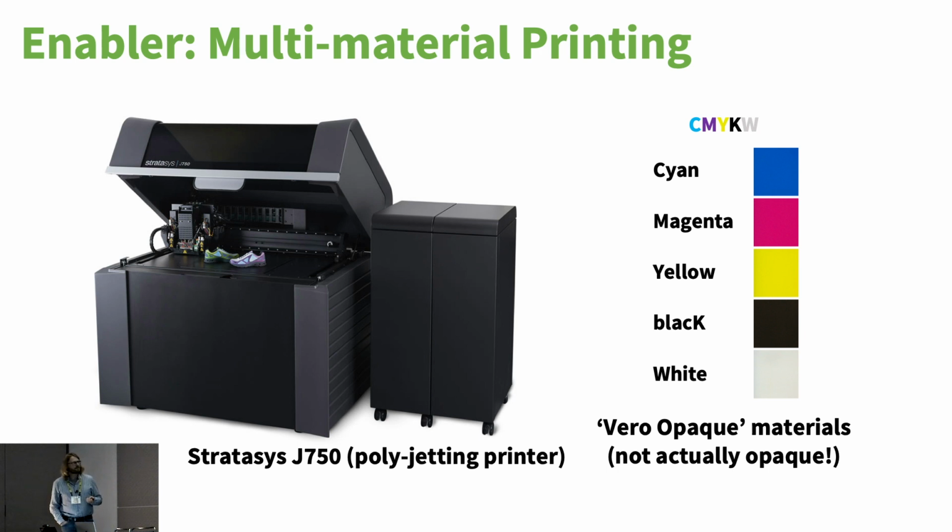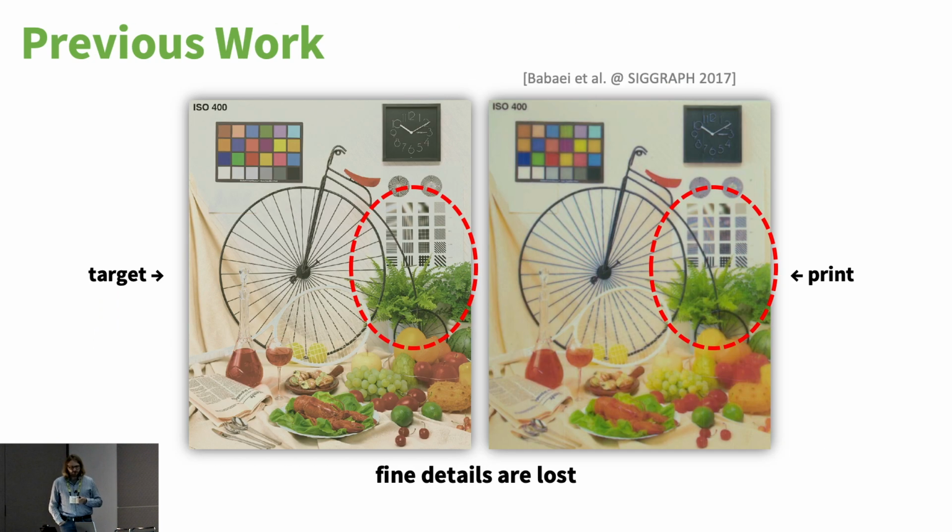So the manufacturer provides these CMYK printing materials, and they call them VeroPure opaque. And if there's one thing they all have in common, it is that they are not opaque at all. They are incredibly translucent. And when you do regular 3D printing using such inks, you completely lose any detail in the textures that you would ideally like to reproduce on top of the 3D print.